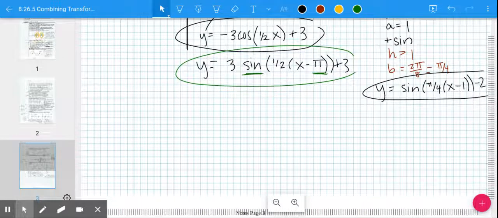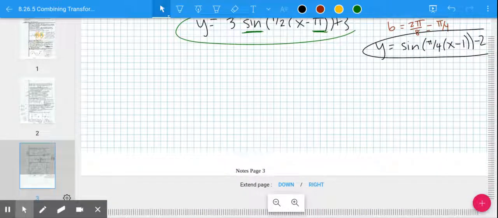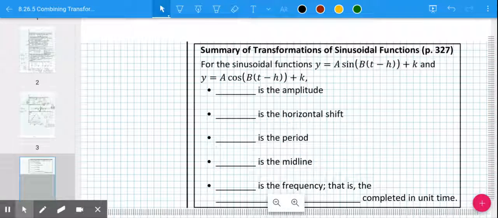The very last thing I want to cover with you guys today is this summary box with transformations for sinusoidal functions. Notice whether it's sine or cosine, I prefer to always factor out the b, so I use horizontal shift. In this format, once you have it formatted correctly, your amplitude is A, your h is the horizontal shift.